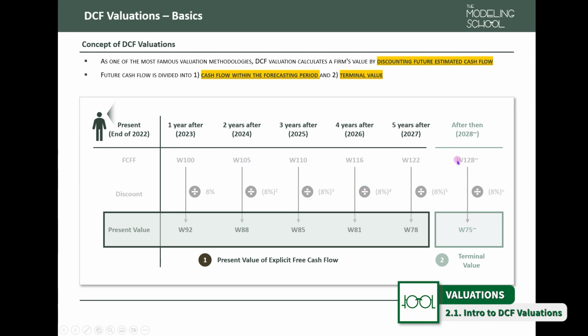But you can't project forever, because the company is a going concern, and usually we assume that a company goes on forever. But you can't forecast the cash flow forever, right? Only forecasting 5 years was difficult enough for us in our Modeling 101 class. So usually we have a limit.